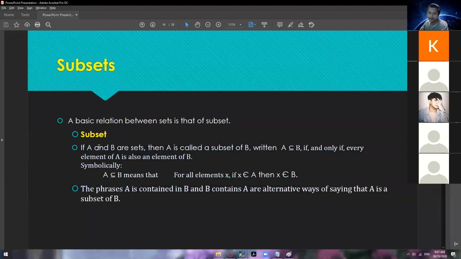So let's say we have A and B as sets, then A is called a subset of B, written as A subset of B, if and only if every element of A is also an element of B. Meaning, all of the elements of A can be found on set B. Again, ito yung symbol ng subset. The phrases A is contained in B and B contains A are alternative ways of saying that A is a subset of B.